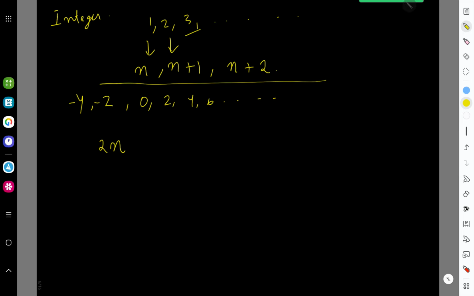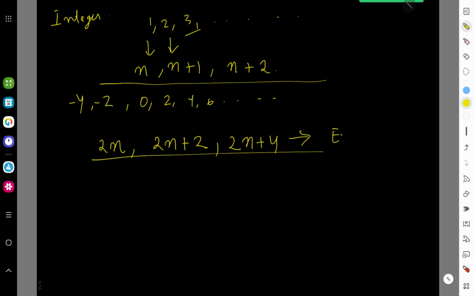And if we want to express 2 consecutive even integers, then 2n, 2n plus 2. If we want to express 3 consecutive even integers, we will use 2n, 2n plus 2, 2n plus 4. So please remember this. This is for consecutive even integers.